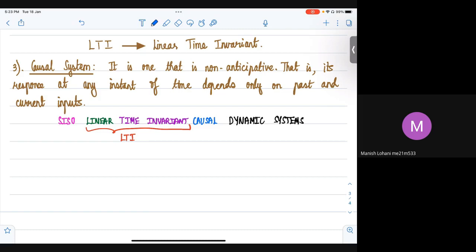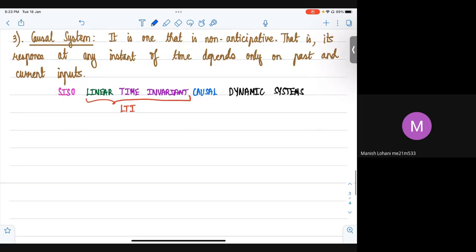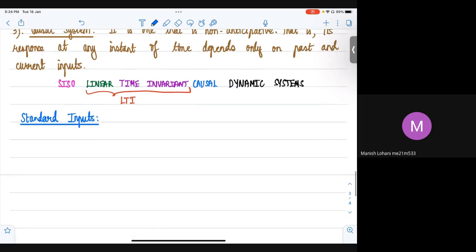Right. Any other questions? Okay. So now that we have looked at the classification of dynamic systems, some standard classifications, let us also look at some standard inputs. Why are we going to look at these inputs?